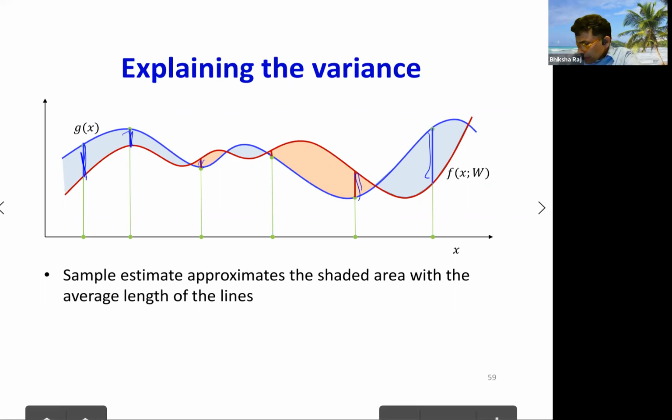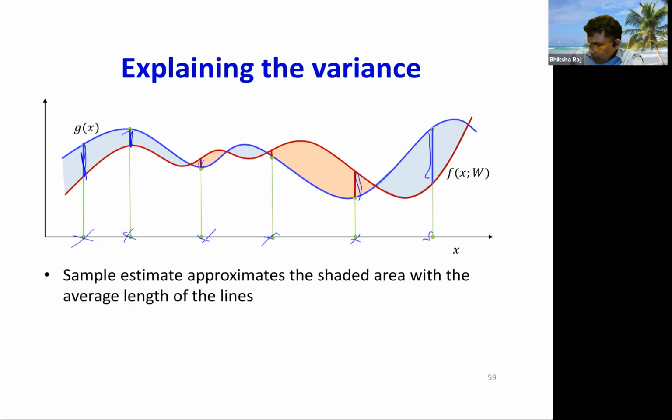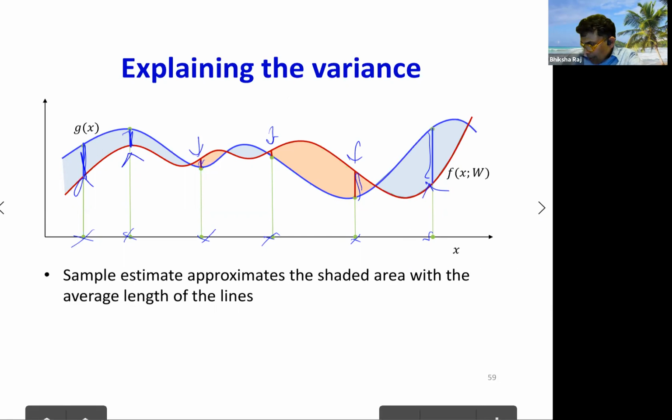But the actual estimate that you get will depend on the location of the training data, on the position of these points. So at these locations, for instance, the errors indicate that the red function must be pushed up at some points, and it must be pushed down at some points and pushed up over here. So with this particular set of training instances, this is the indication that you would get from the loss.